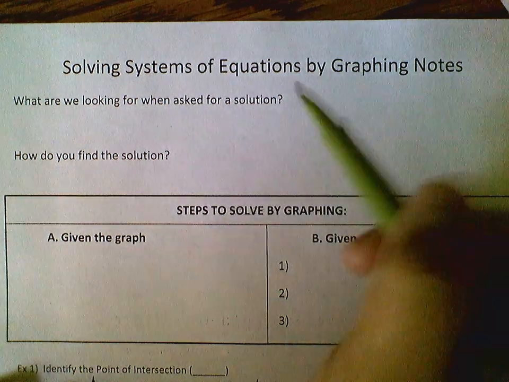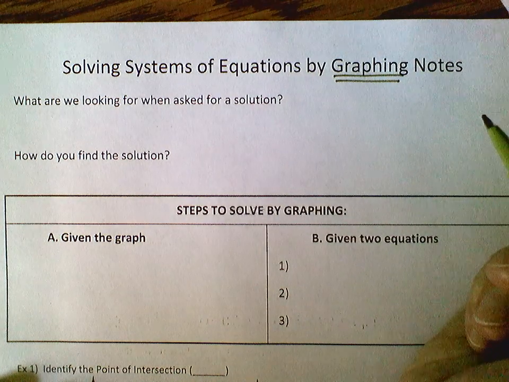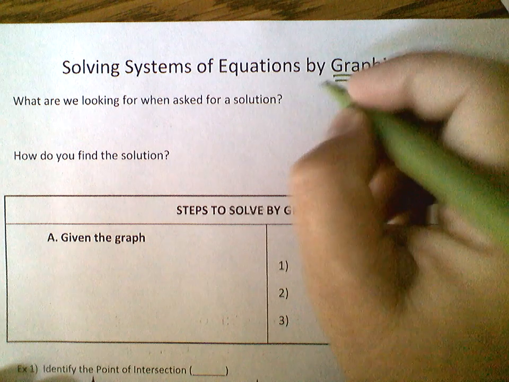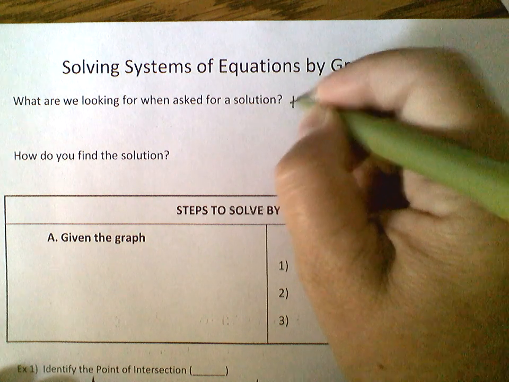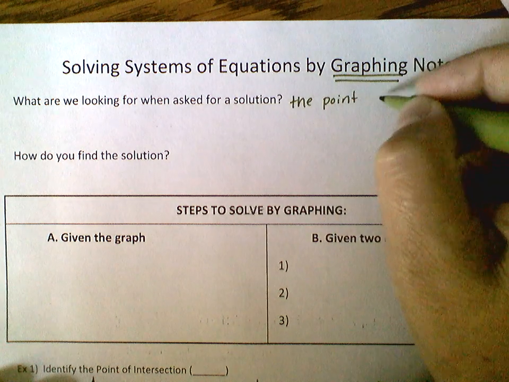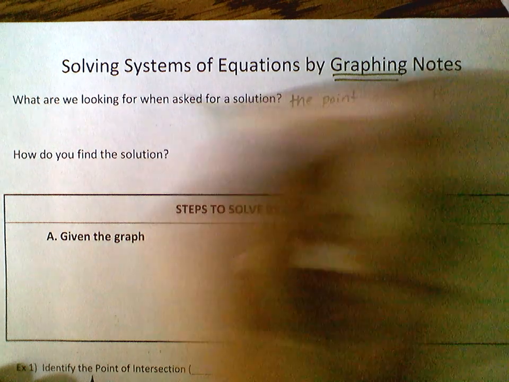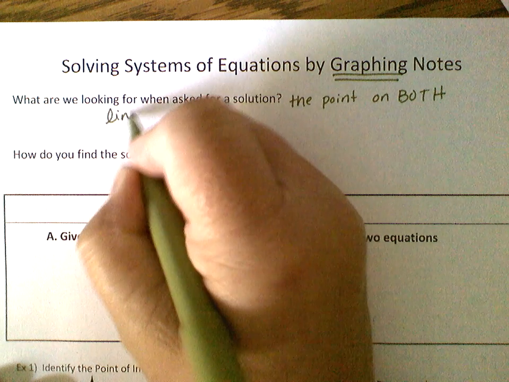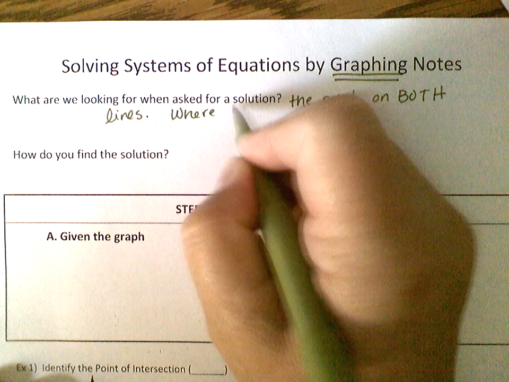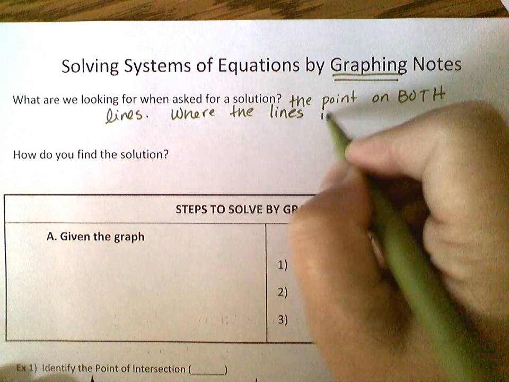So to solve a system of equations by graphing, we are looking for the solution, which is the point on both lines. So this is where the lines intersect.